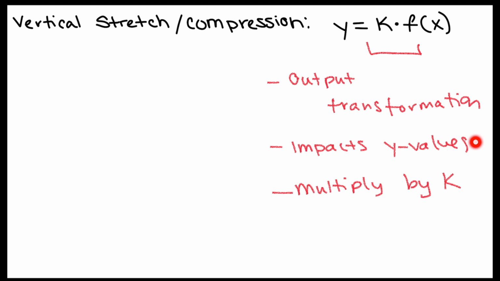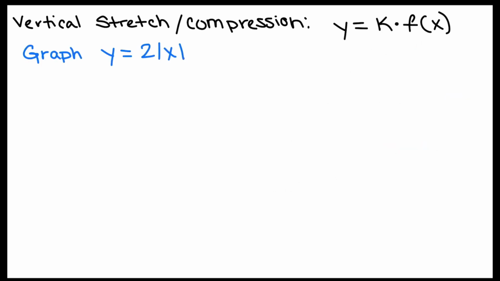So it's going to impact the y values. And with output transformations, we do exactly what it says. If it says times k, we are going to take our y values and multiply them by k. So depending on what that number is, we're going to get either a vertical stretch or a vertical compression. And so let's do some examples to see what that visually looks like.